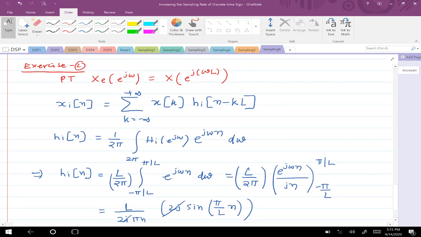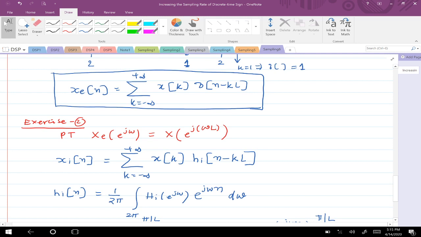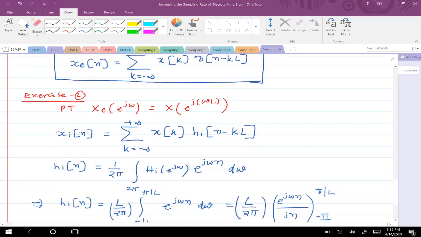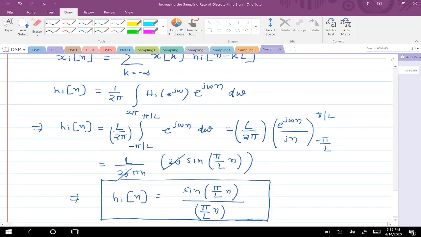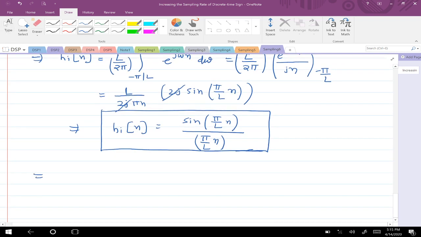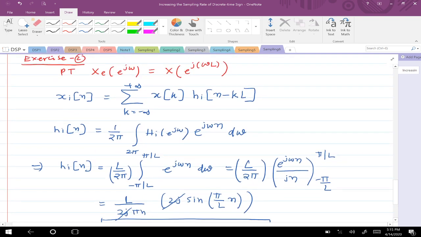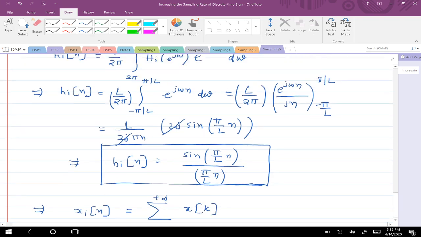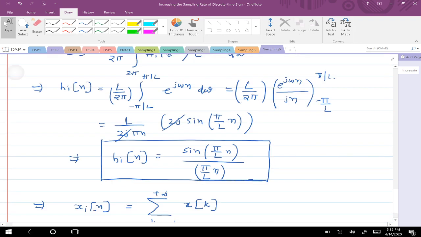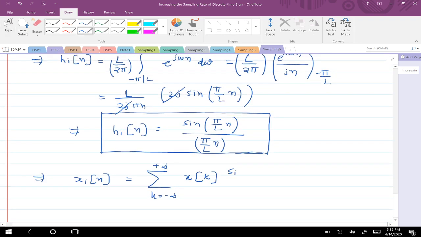Given h_i of n, I know what x_i of n is, this, right? So you substitute there, so that's shifted by kL and then sum up over my k varying from minus infinity to plus infinity. So what do I get there? What's my final output? x_i of n, that's equivalent to the sum over k varying from minus infinity to plus infinity of x of k, that would remain same, and in place of n I should take n minus kL. What will that give me?